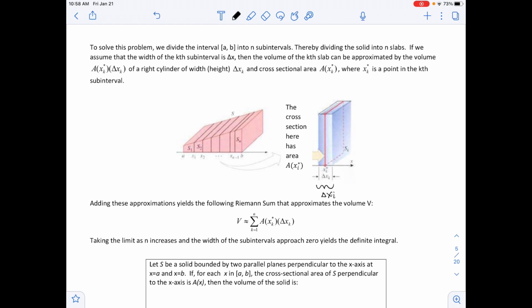So adding these approximations yields the following Riemann sum. Again, you'd have your area times that width, which would give you the volume. And then taking the limit as n increases, the width of the subintervals approaches 0, yields the definite integral. And so we get the following.